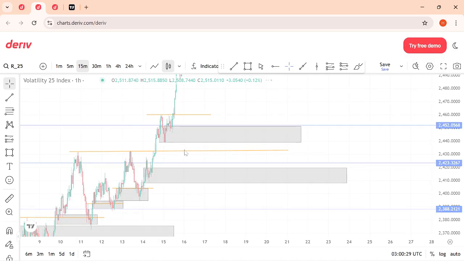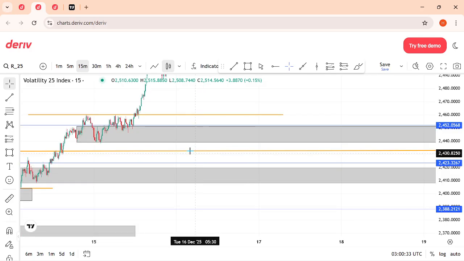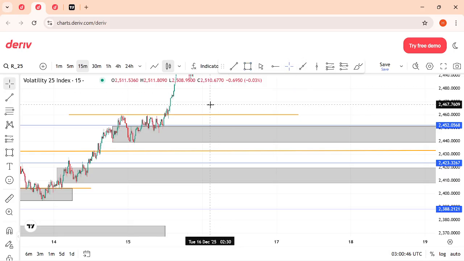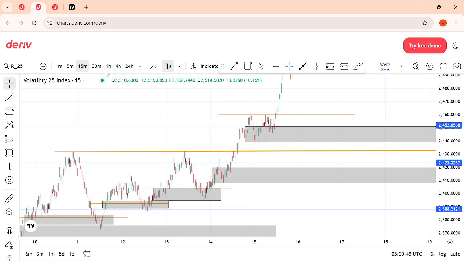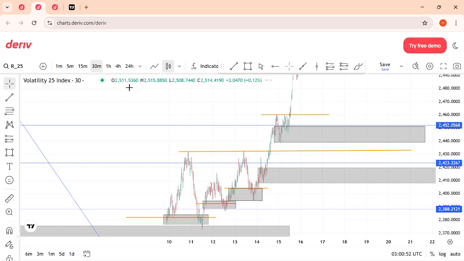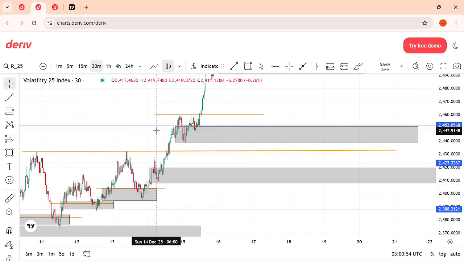Now let's go to the 15 minutes time frame and let's see what we have there. Okay, on the 15 minutes time frame, I can see something here, but I would not want to use this until it's time for price to react. Let's just wait for price to drop, and then we'll decide where we'll be taking our entries from.